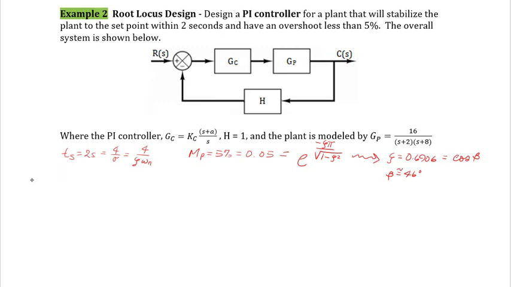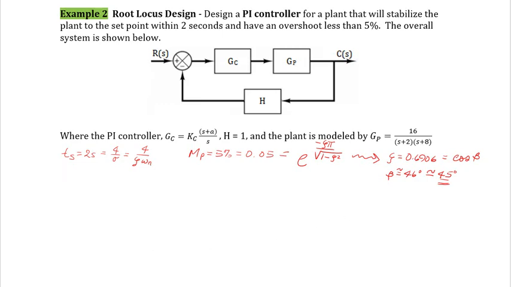So because that's so close to 45, we're just going to say 45 because that's an easy one to work with. So yes, it is 46, but no one can tell the difference between a 46-degree angle and a 45-degree angle. So we're going to use that.